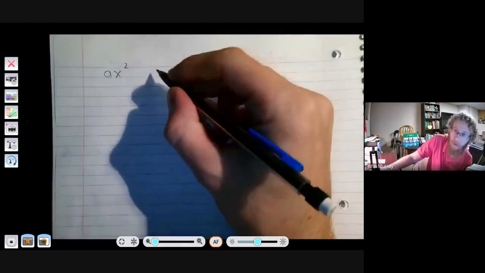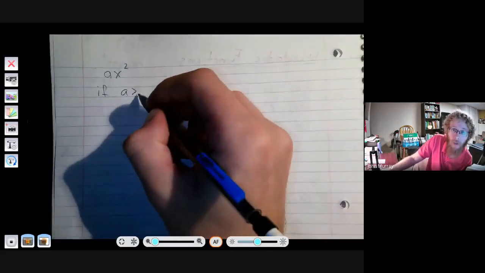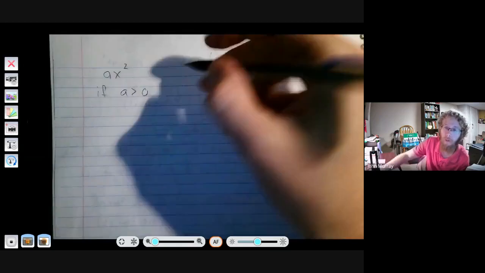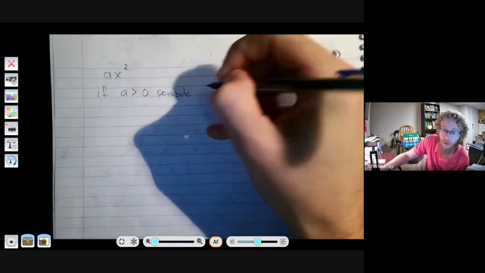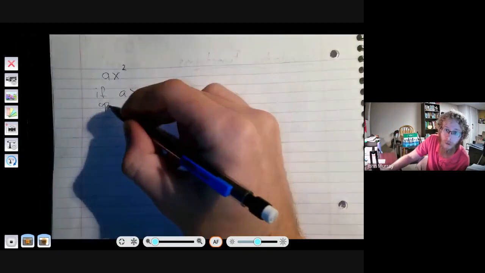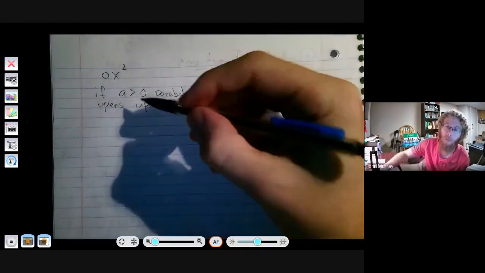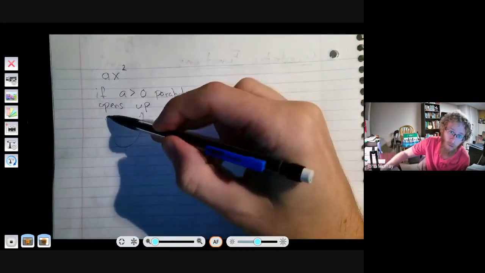If a is greater than 0, if it is a positive number, it could be a fraction, it could be a whole number, but if it's positive, our parabola will open up. So you'll have your normal parabola.